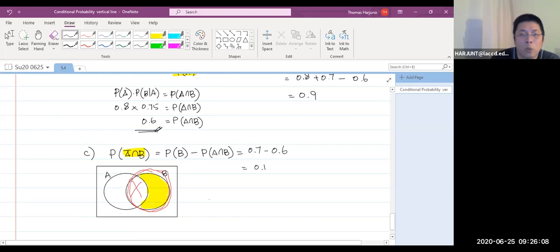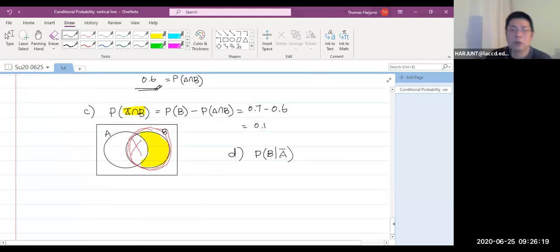Now, why do I ask you that question? Because I have this in mind: probability of B given not A. Can you do that? That is equal to, on the denominator, the probability of the condition, and on the numerator, the probability of the intersection, which we have done earlier.